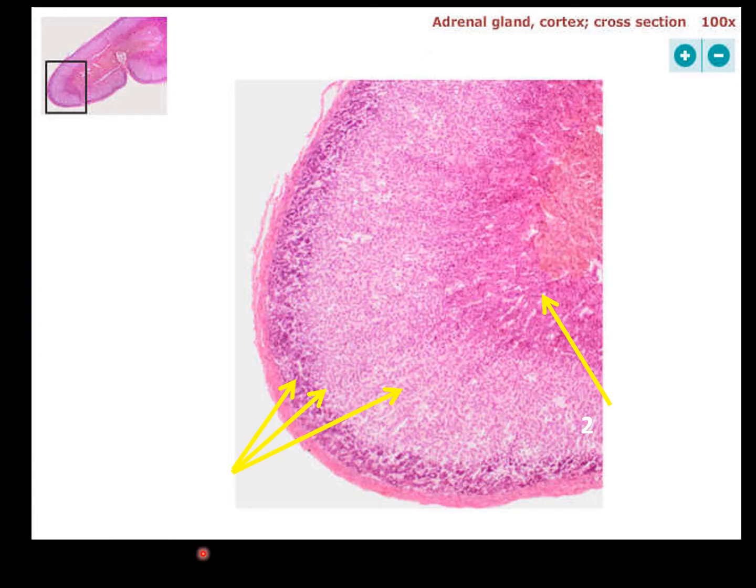Here again, we're able to see the histological appearance of the adrenal gland. We have a capsule, and then we have the outermost layer, which is the cortex, and then the innermost layer, which is the medulla. We really should say adrenal cortex and adrenal medulla to distinguish it from other organs that bear the same type of name.